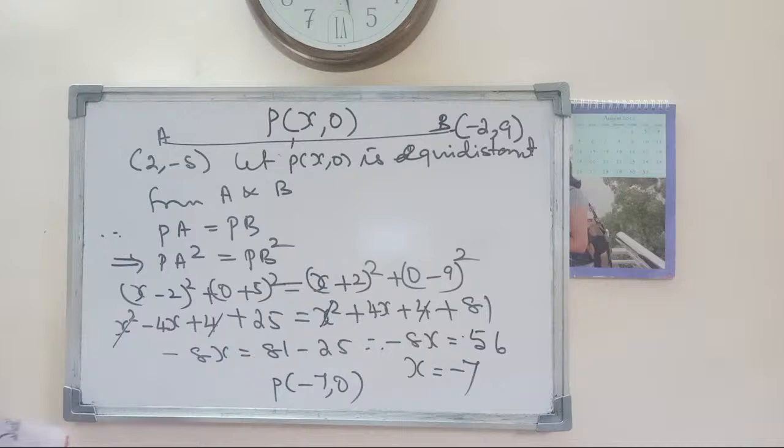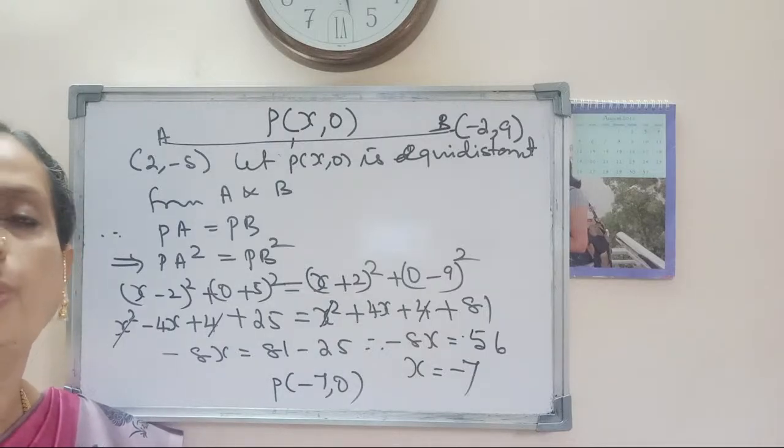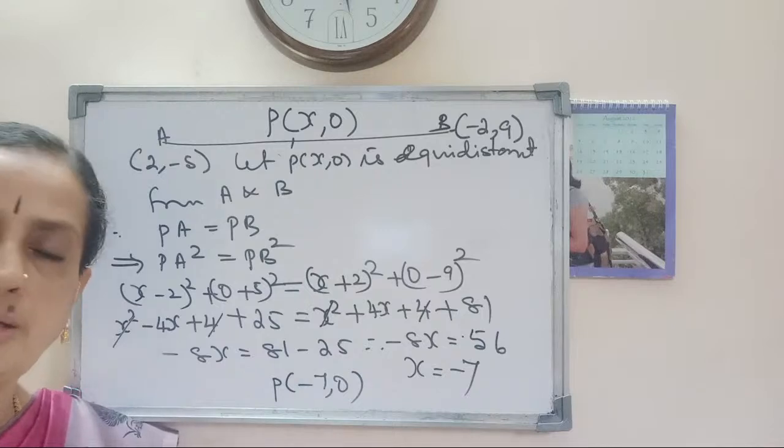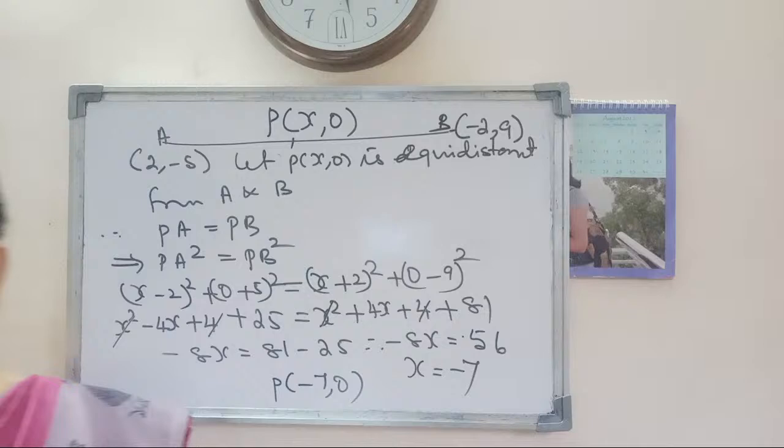Now to show that they are the vertices of a rectangle, if you are able to show opposite sides are equal and diagonals are also equal. Take the question.